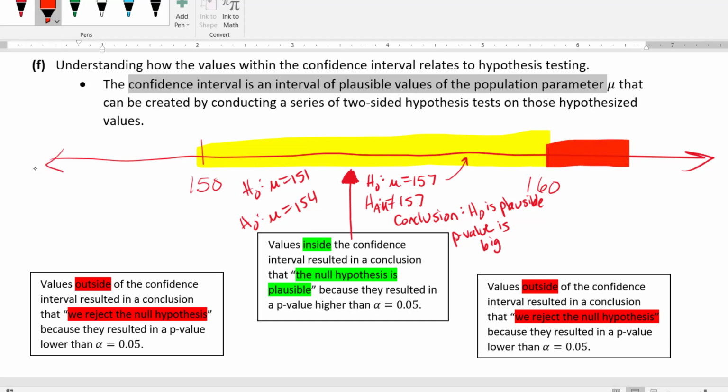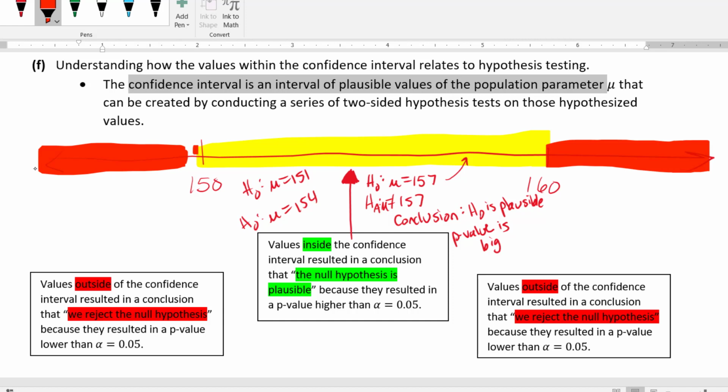But the values above 160 and below 150 are not plausible. If you had done two-sided hypothesis tests on values in these ranges, your conclusion would be that the null hypothesis is rejected and that we support the alternative hypothesis.